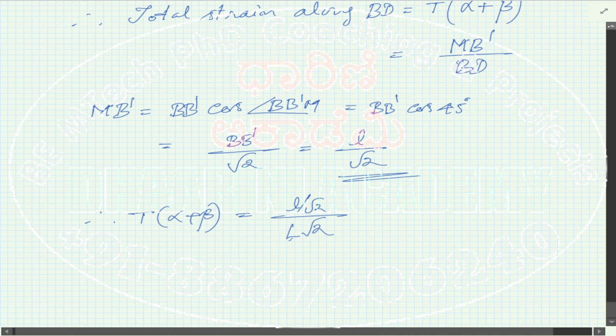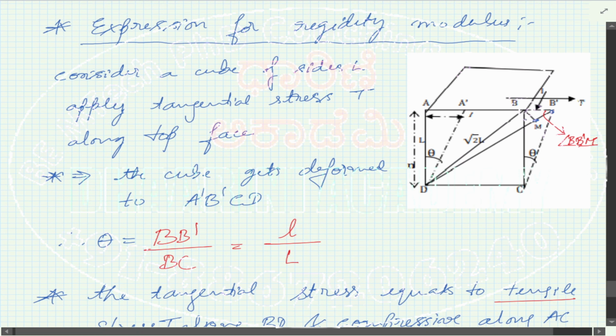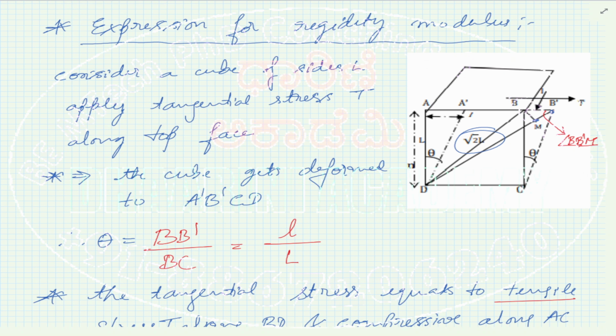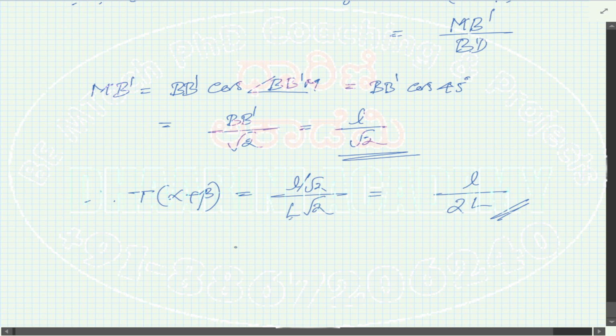You can see here, this is L into root 2, root 2L is the BD. We have already written that, we are simply substituting here. The L by root 2 over root 2 into root 2 becomes 2. So this is equal to L divided by 2 times L. But small L by capital L is theta. So this can also be written as theta by 2.